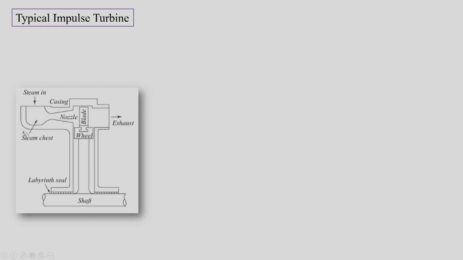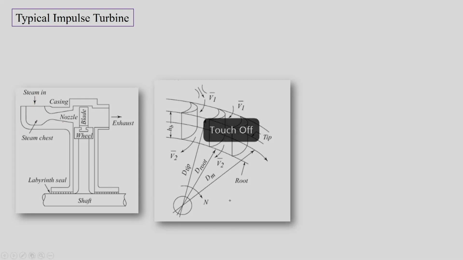Then this is a typical sketch where we have flow coming from the nozzle, and then we have blades. When the flow comes, these blades will interact with the flow and divert the flow towards the outlet of the turbine. So this is the inlet to the blades, this is the outlet of the blade, and the flow is going to pass in between two blades.